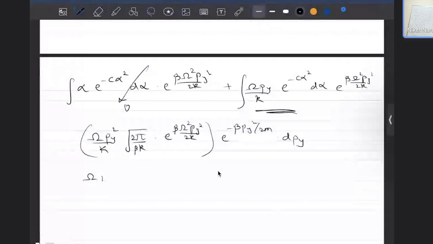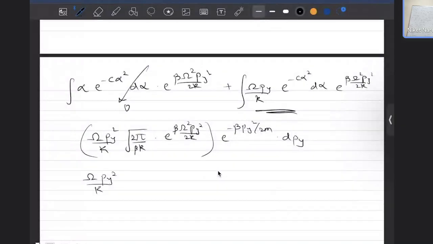So omega py square by kappa square root of pi divided by 1 by 2m minus omega square by 2 kappa, the whole cube, because I had py square outside. So which is why I'll get this. And there will be a 1 by 2 as well. Omega by 2 kappa.